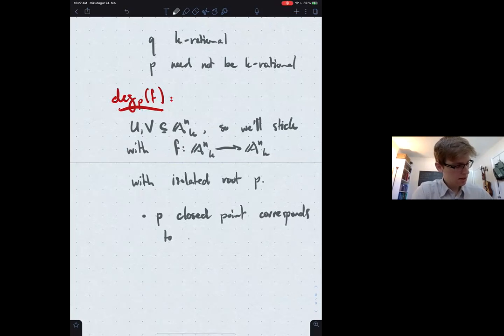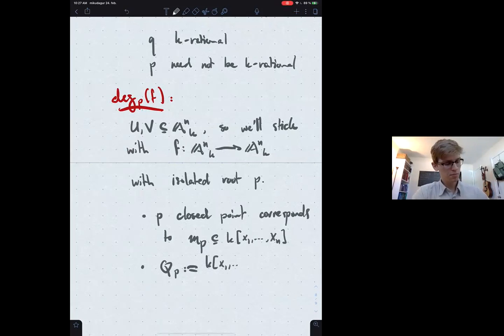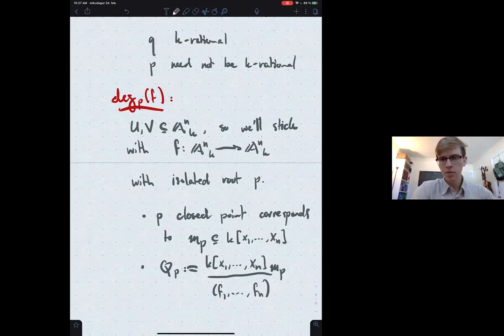Okay, so we have some max ideal in the polynomial ring. And I'm going to define a local algebra, which is just the polynomial ring localized at my point, and then quotient by the polynomials that generate my morphism.